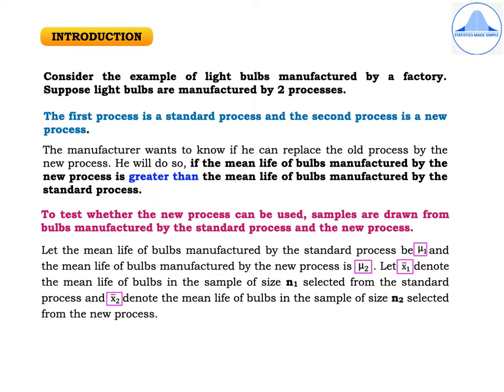Similarly, the mean life of bulbs manufactured by the new process is mu2. Let x bar 1 denote the mean life of bulbs in the sample of size n1 selected from the standard process, and x bar 2 denote the mean life of bulbs in the sample of size n2 selected from the new process.